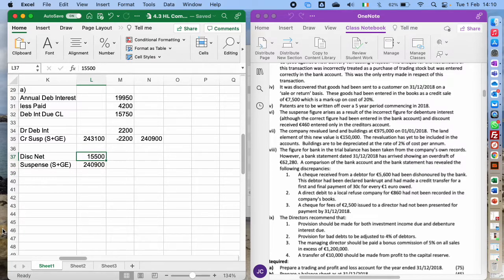Discount net: if I have more discount, I'm going to add it to discount net. So I'm going to go plus 460. So you get 15,960 as the new figure for discount net.